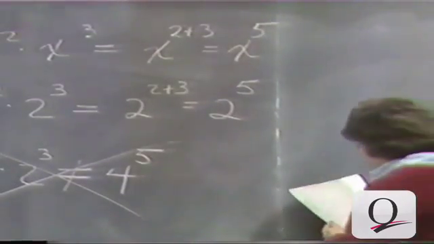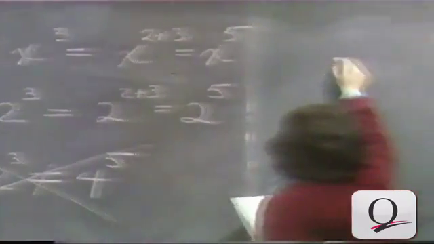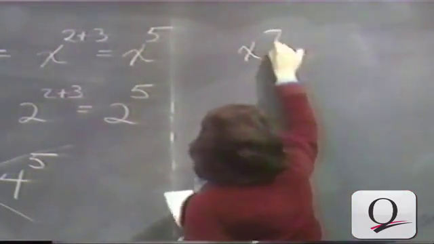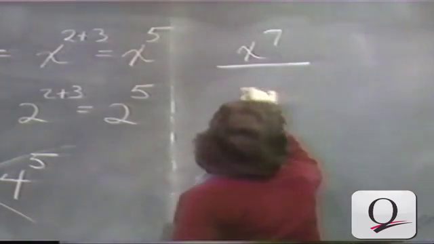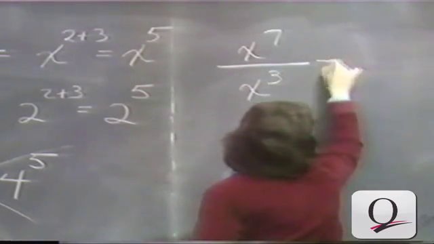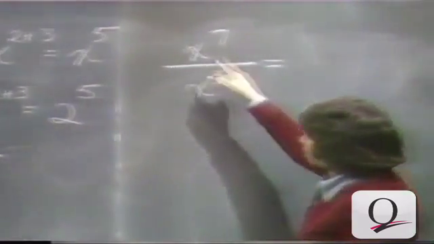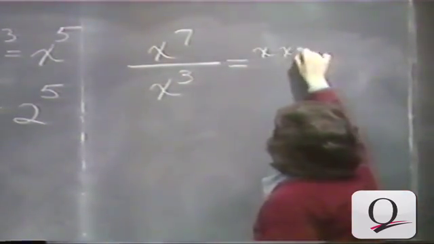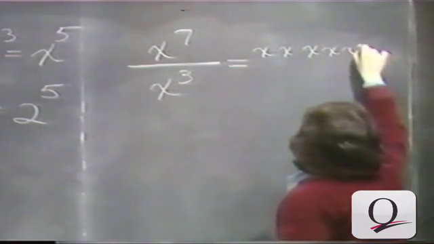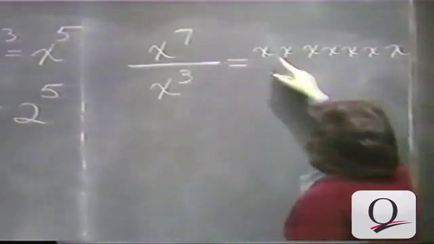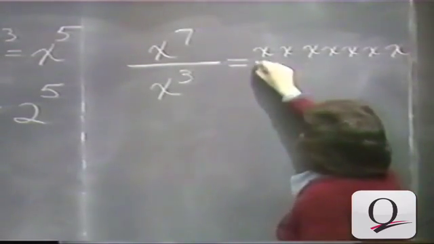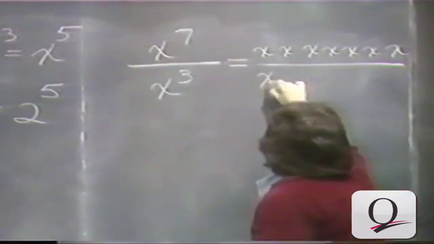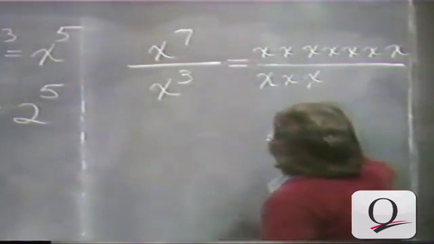Let's consider a second rule for exponents. We'll start with an example. Let's say you want to divide x to the 7th by x to the 3rd. Now x to the 7th would be x times itself 7 times, x, x, x, x, x, x, x, divided by x cubed, x times x times x.